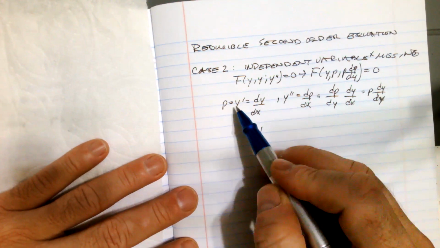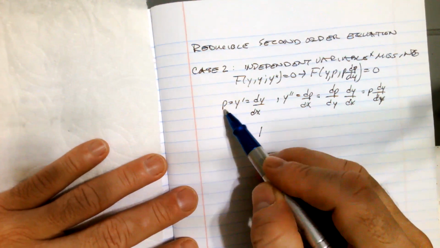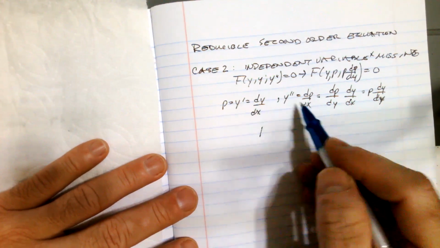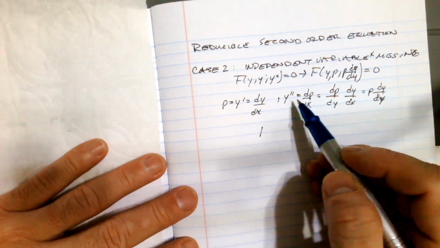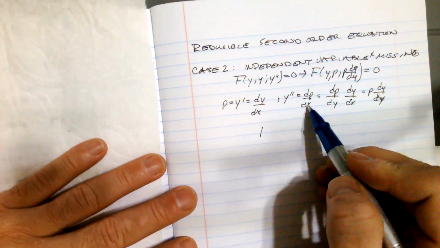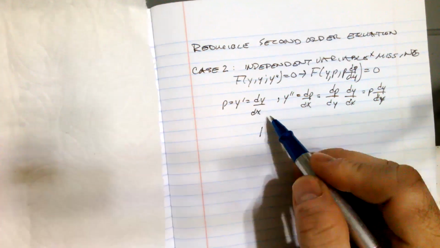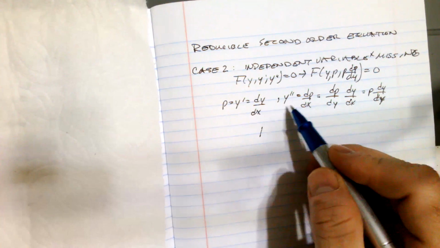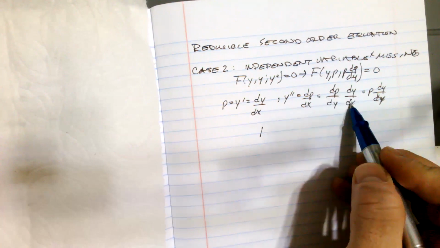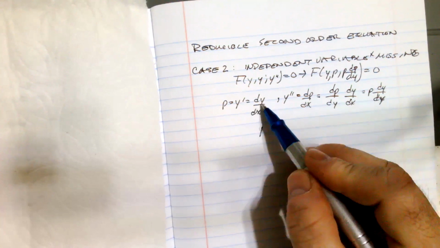And so with this substitution, again, like we did before, p equals y prime, dy dx. We're going to utilize relationships among the derivatives. So y double prime is equal to dp dx. That's this relationship there. And then we are subbing in dp dy times dy dx with this relationship here.